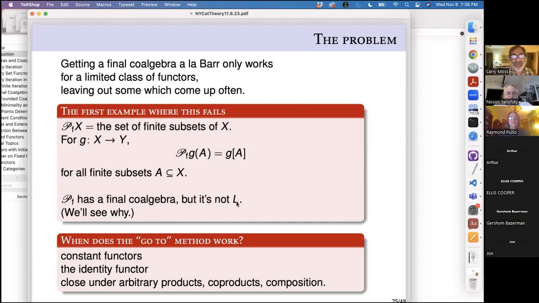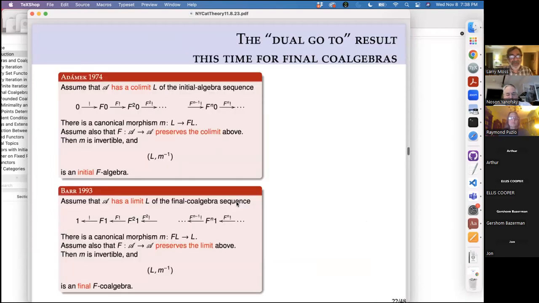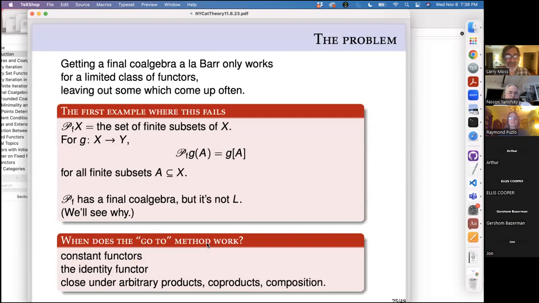The specific reason, remember, the theorem has some hypotheses, is that the functor would not preserve the limit. So this part about it preserving the limit turns out not to be a freebie. In fact, it's frequently not true. So that means you can't use the theorem.